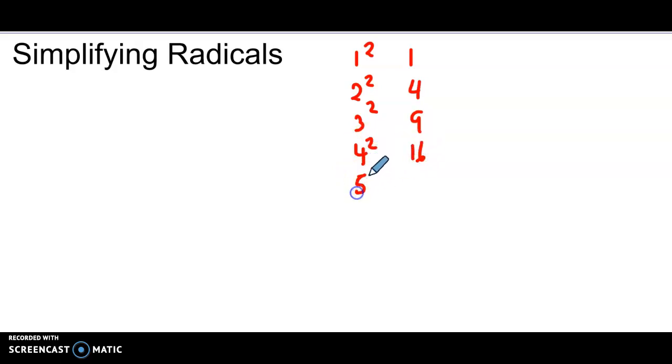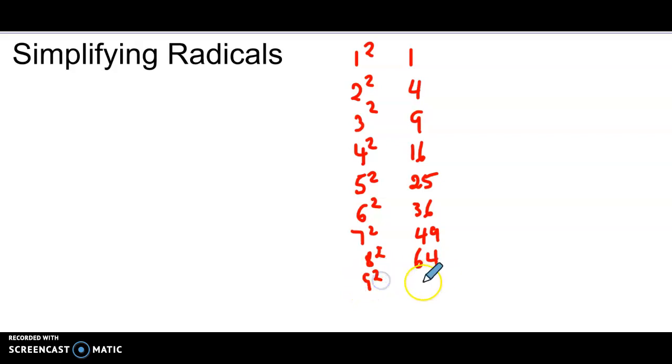I'm going to put the basic ones down. 64. 9 to the second would be 9 times 9, which is 81. 10 to the second would be 100. 11 to the second would be 121. And maybe I could squeeze in there 12 to the second, which is 144.